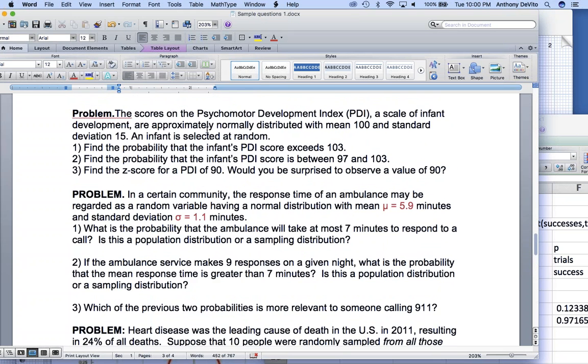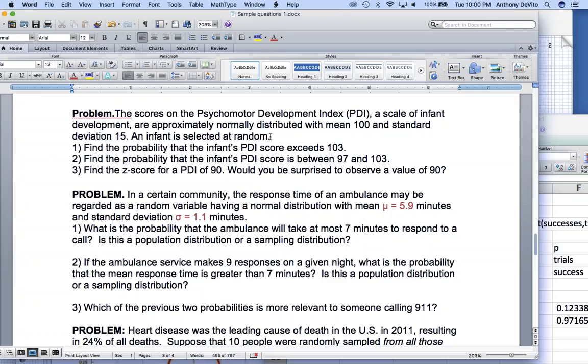An infant is selected at random from the psychomotor development index. The mean is 100, and the standard deviation is 15. Find the probability that the infant's PDI score exceeds 103.